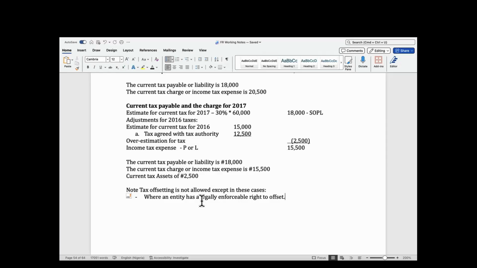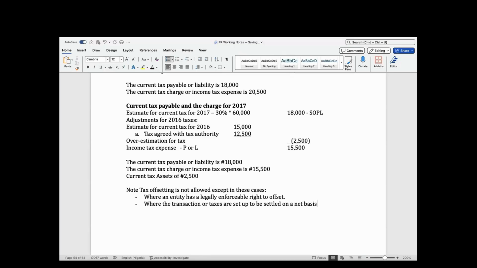Okay, so you have a legally enforceable right to offset, or where the transaction or taxes are set up to be settled on a net basis.